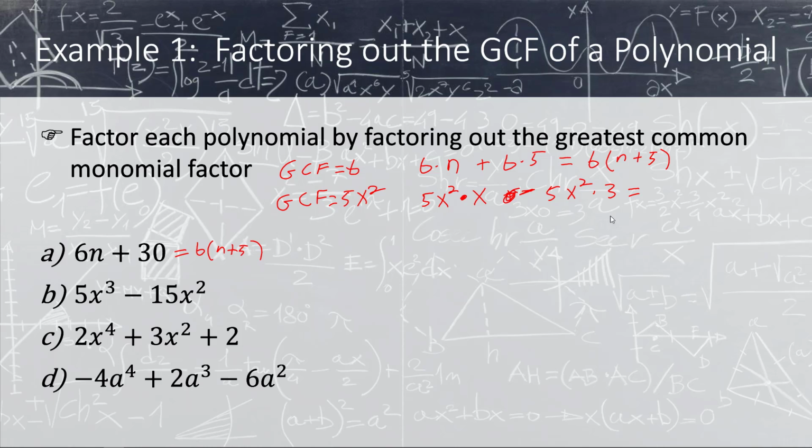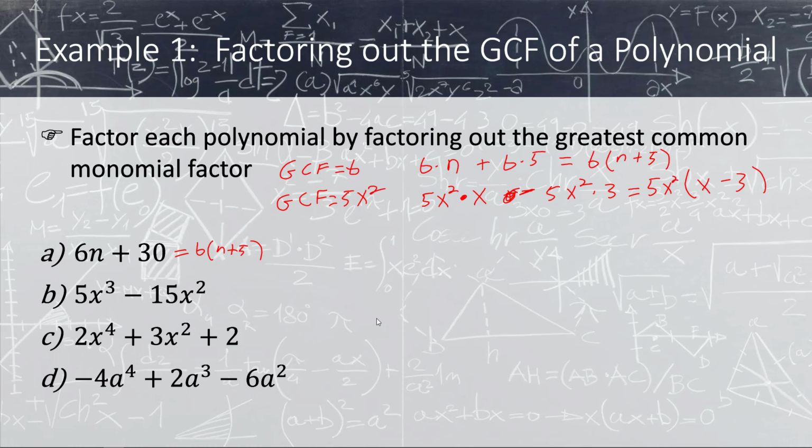Now we can factor out the 5x squared, and the remaining factor will be the quantity x minus 3. Does that make sense? Yes, 5x squared times x is 5x cubed. 5x squared times 3 is our 15x squared, and of course we have our minus sign.